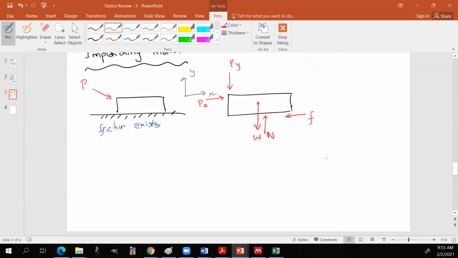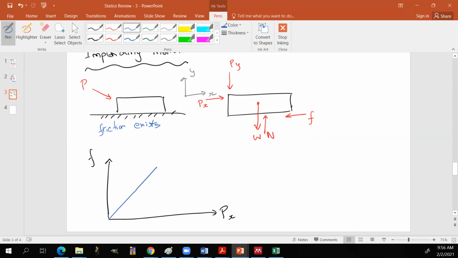So as this force P is increasing, right, what does your friction force look like? So if you plot your friction force as a function of Px increasing from 0 to some value, what do you see? You see that the friction force increases directly as P is increasing, right? So you have Px here, you have F here.